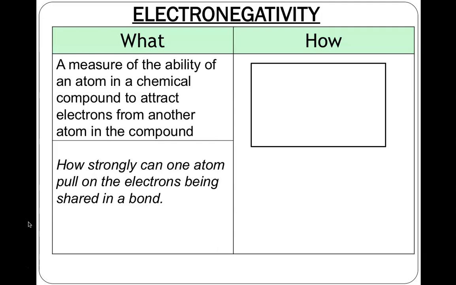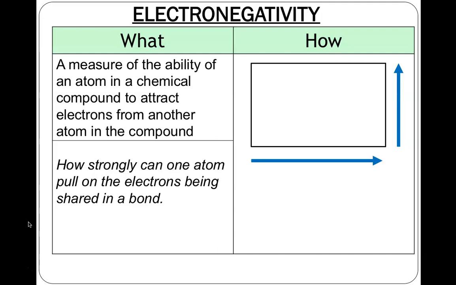The how. Well, electronegativity is going to increase going up a group in the periodic table, and electronegativity is going to increase going to the right on the periodic table. Now again, our mantra from last time, size of radius versus strength of nucleus.